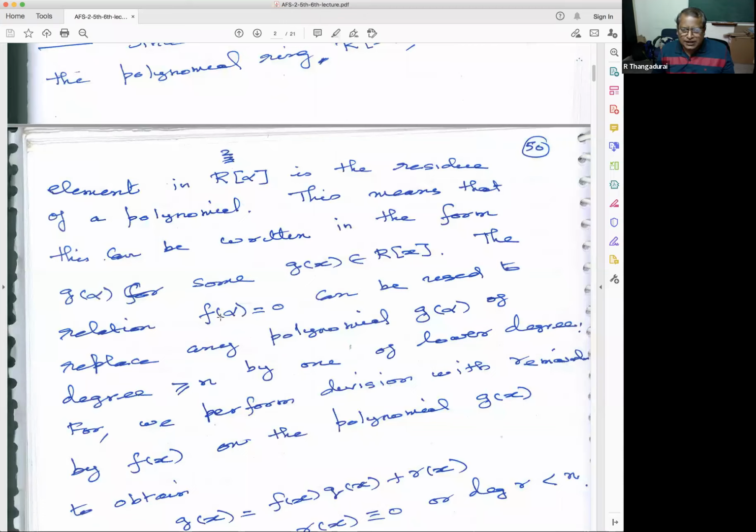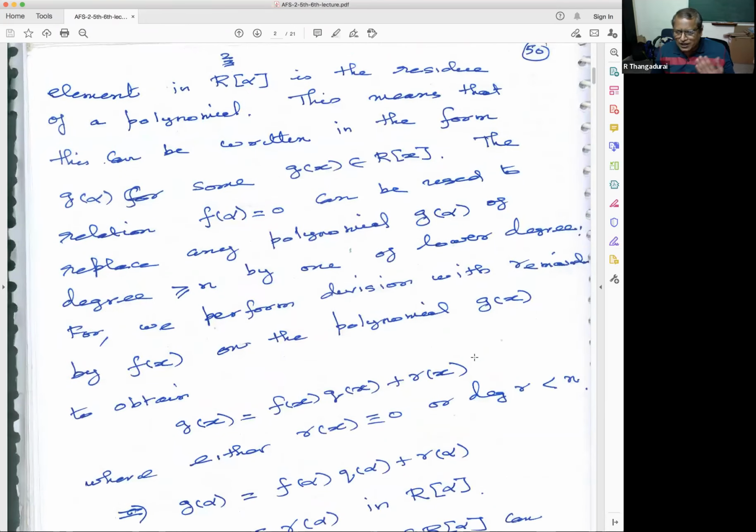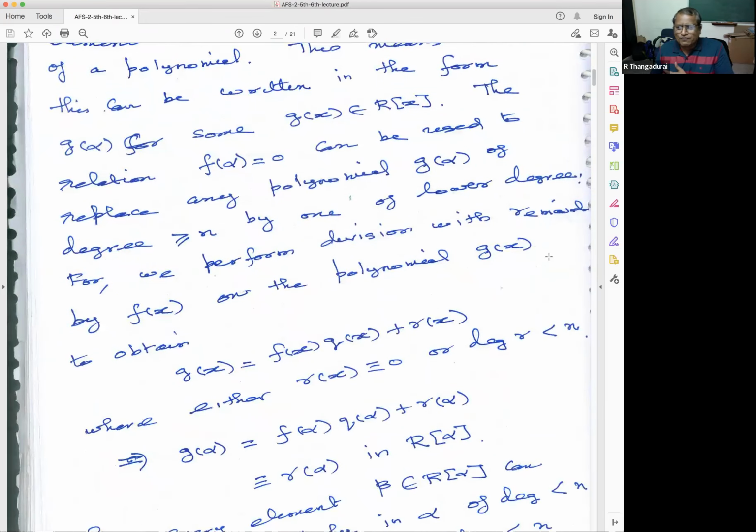The relation f(alpha) = 0 can be used to replace any polynomial g(alpha) of degree greater than or equal to n by one of lower degree. What we mean is we perform division with remainder by f(x). This is possible because f(x) is a monic polynomial in R[x]. Therefore the division algorithm is true.